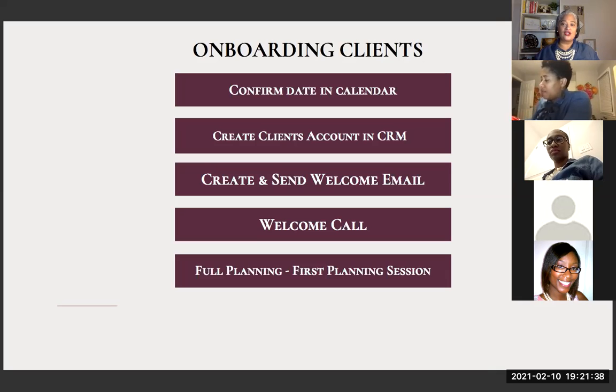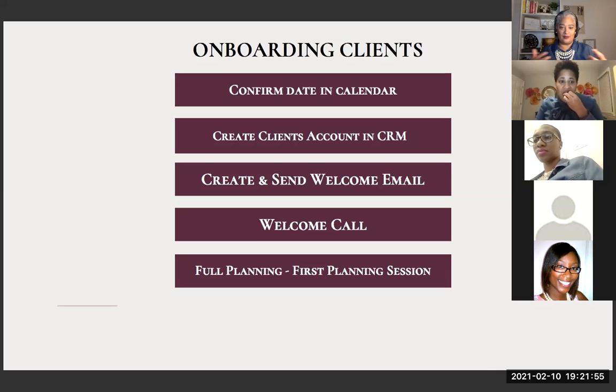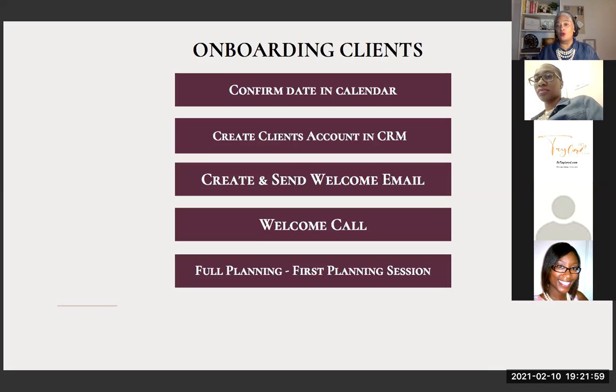I have also shared with you in the system a Google spreadsheet that you can use as your CRM until you're able to get one of your own. This is what we used for a long time before we started getting all these different planning systems. We'll go through that next.